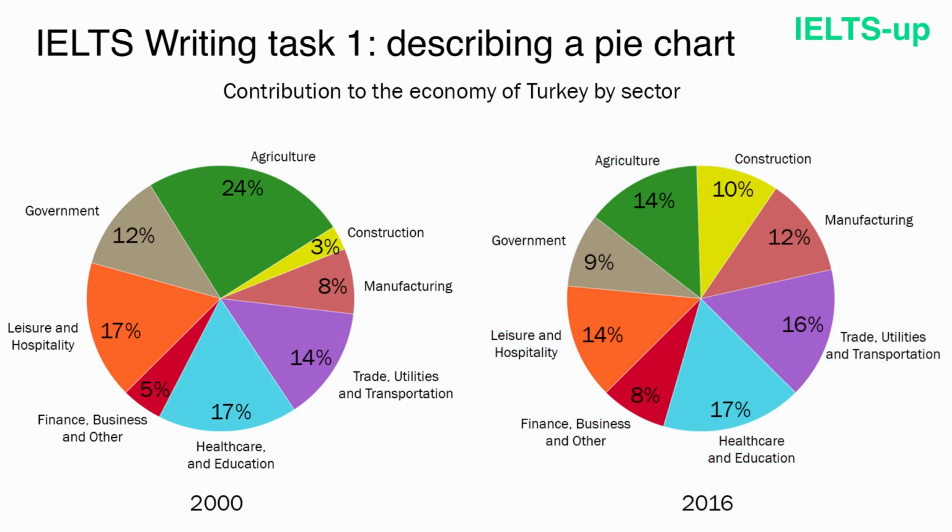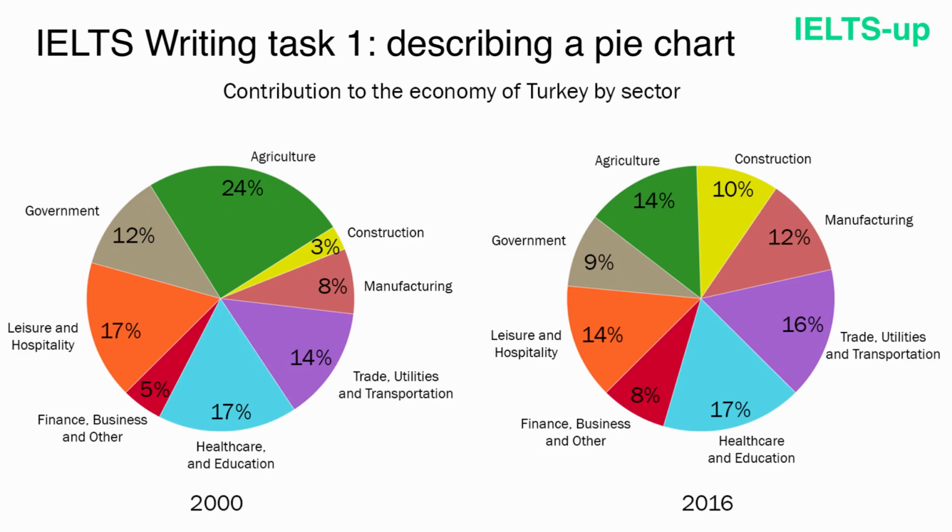Each of these two pie charts shows many economic sectors, namely agriculture, construction, manufacturing, trade, utilities and transportation, healthcare and education, finance, business and other services, leisure and hospitality, government.